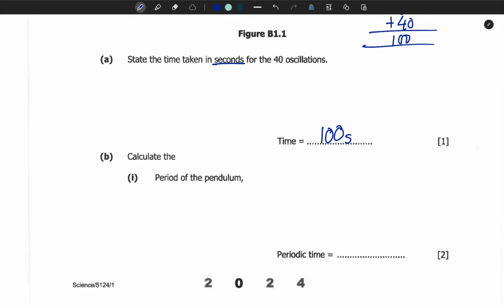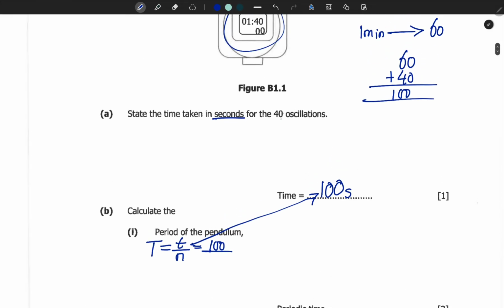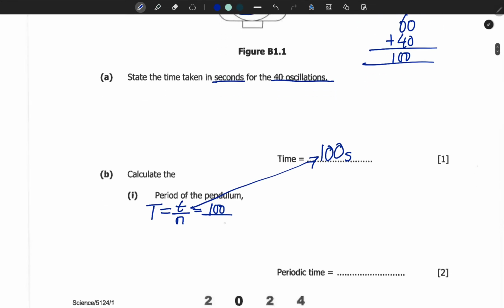Calculate Roman number 1, period of the pendulum. So period is the time taken for one complete oscillation to be made. It's denoted by capital letter T, then small letter t divided by small letter n. So small letter t is the time taken, 100, over small letter n is the number of oscillations, so we have 40 oscillations.